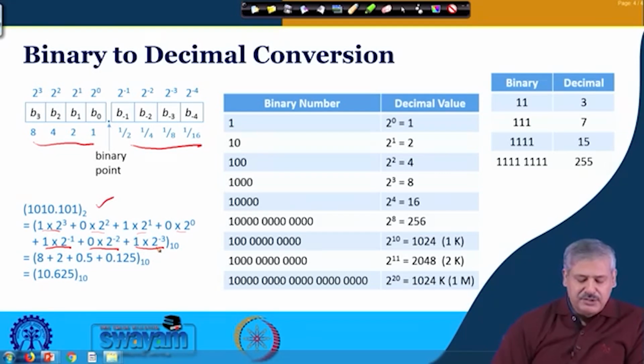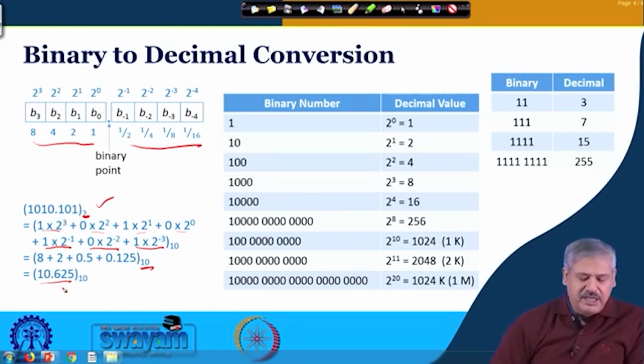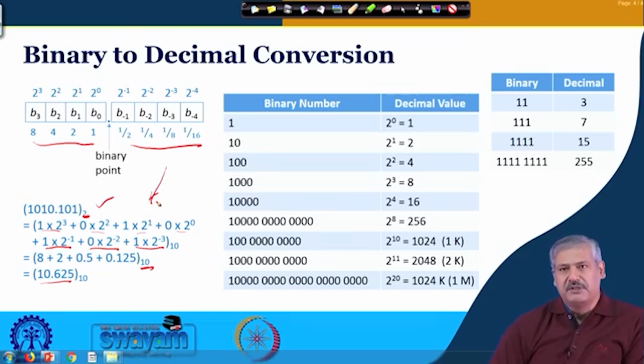If you add them up, 0.5 and 1 upon 8 is 0.125, so it is 10.625. This 2 means base 2 and this 10 means base 10. So 1010.101 in base 2 is equivalent to 10.625 in base 10. This is the way we can convert from binary to decimal.